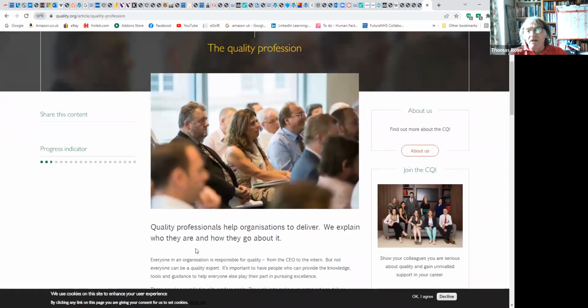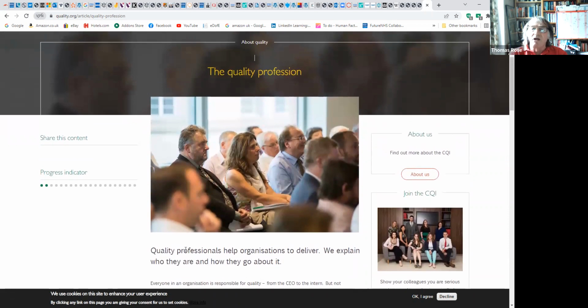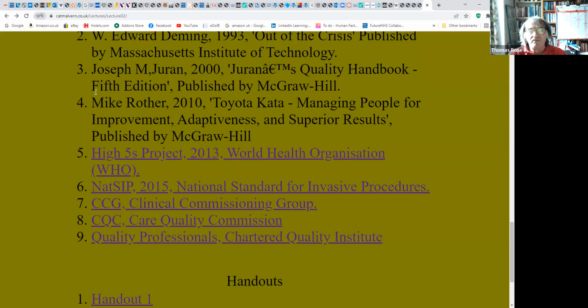There aren't very many members of the CQI in the NHS, but nevertheless, it's a really good body that sort of manages our access to quality, and has just celebrated last year its 100 years.